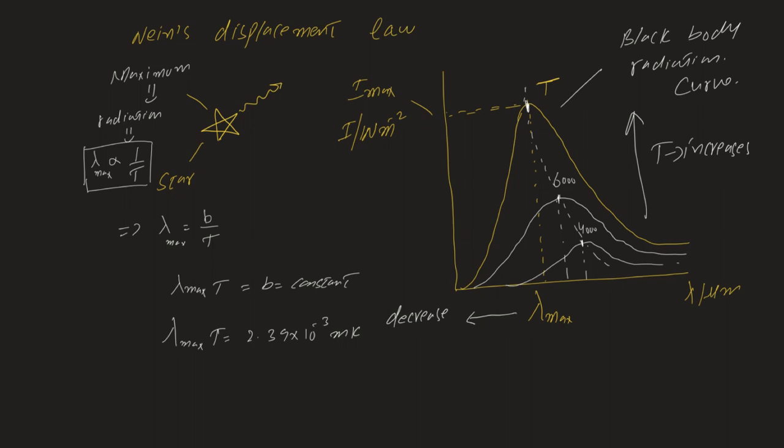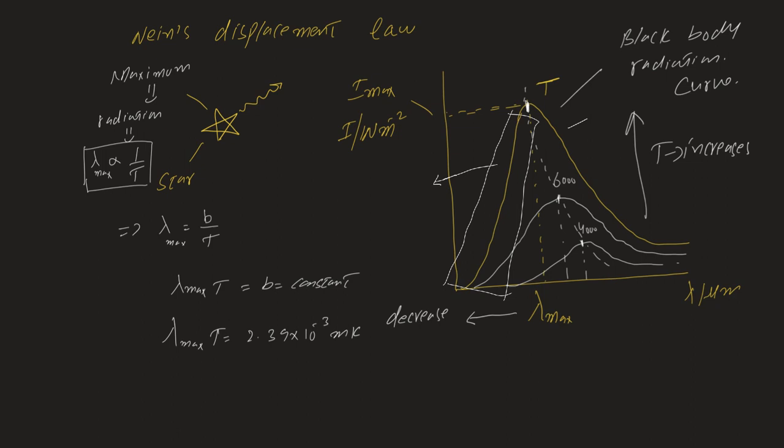Now here, on this side of the graph, it obeys that as temperature increases, wavelength decreases, but the other side of this graph was not explained by classical physics. It shows a strange behavior, and this part of the graph does not agree with theoretical physics.